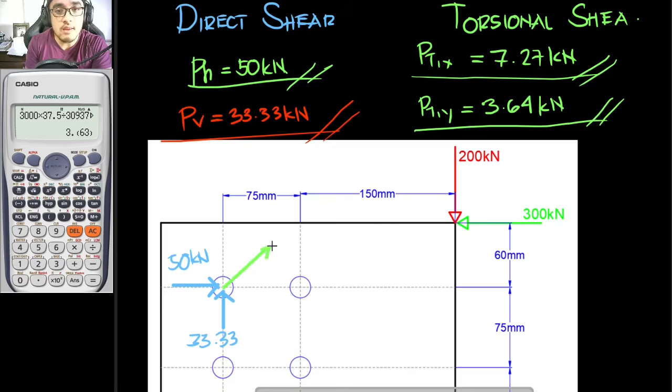So instead of getting its x and y components by sine and cosine, since these were given to us, we go direct. This is its y component, which is 3.64, and as for our x component, this is 7.27. So summation of forces horizontal to get the horizontal resultant, and summation of forces vertical to get the vertical resultant, and by getting its resultant via Pythagorean theorem, you can get the magnitude of the force.